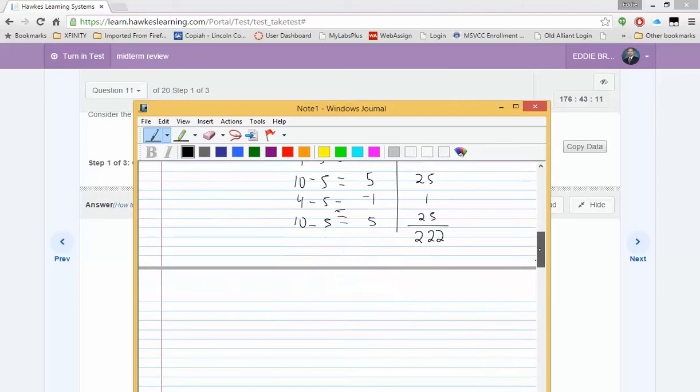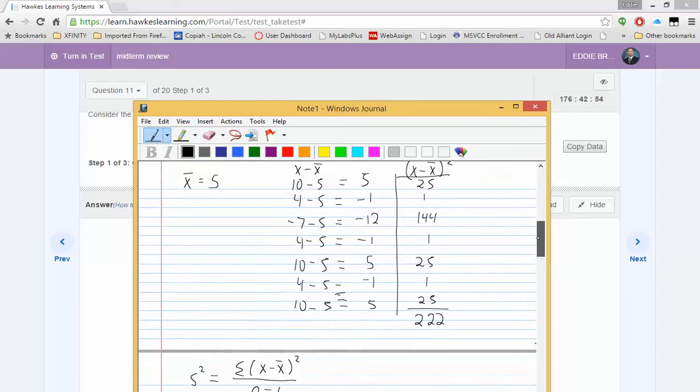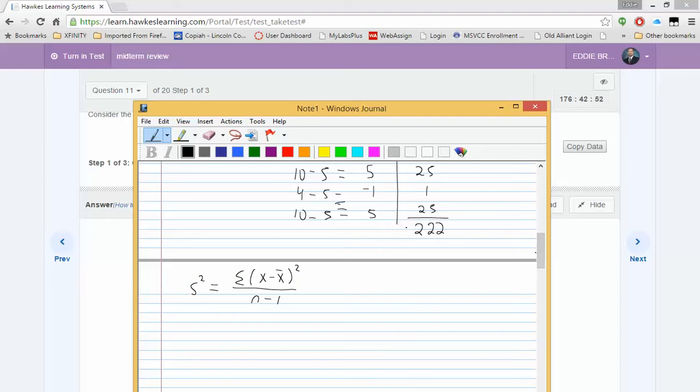Okay. The way that you find s squared is you take the sum of x minus x bar squared and divide by n minus 1. Now this sum right here, the sum of all the squared deviations, that is sigma x minus x bar squared.